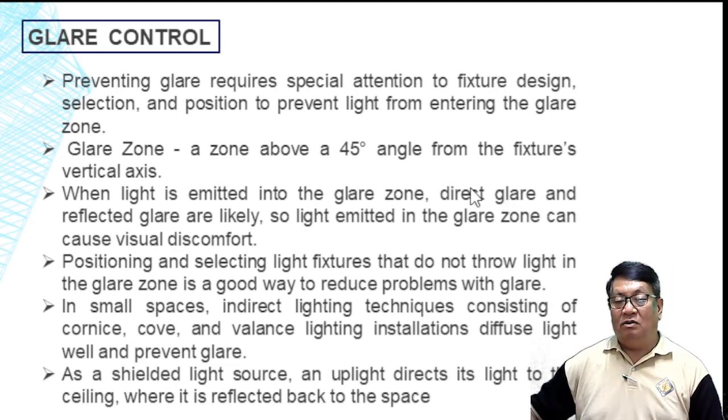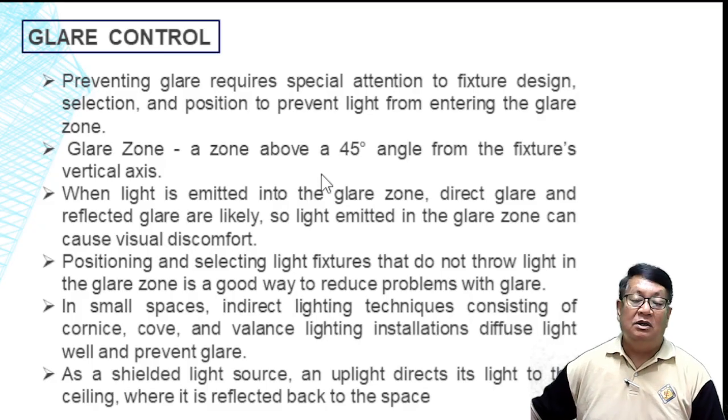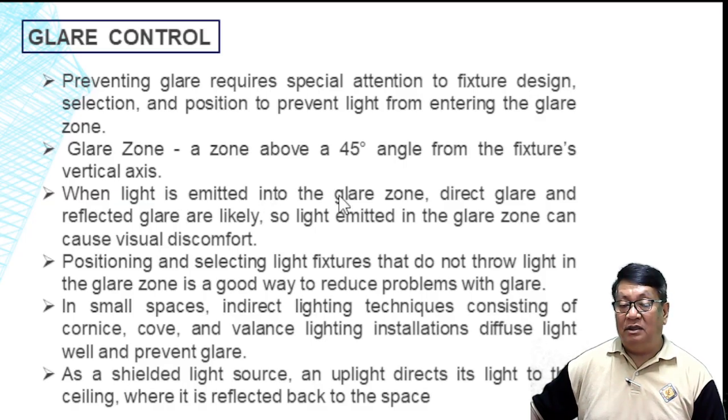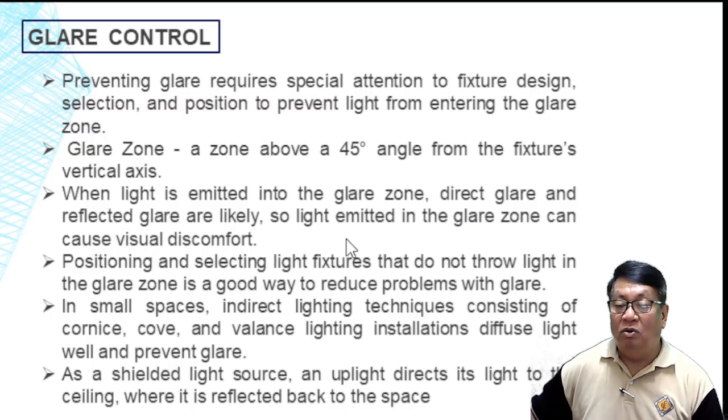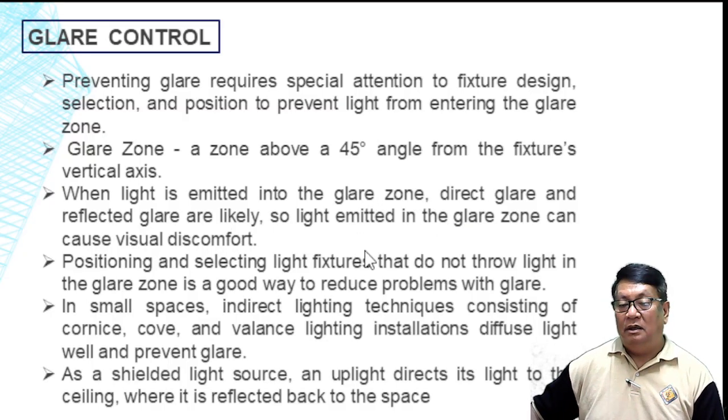So control glaring. Preventing glare requires special attention to fixture design. We have what they call the glare zone. If light is emitted into the glare zone, direct glare and reflected glare are likely. So light emitted in the glare zone can cause visual discomfort.